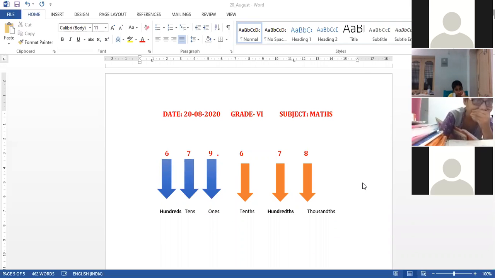679.678. Now how to write this number in words? Listen carefully. There are two ways to represent this decimal number in words. What is the first way?